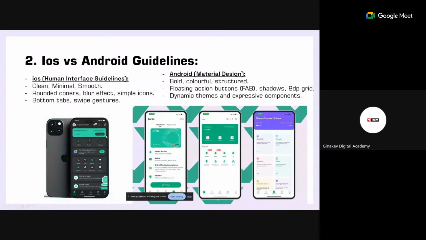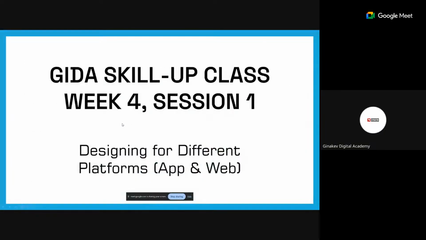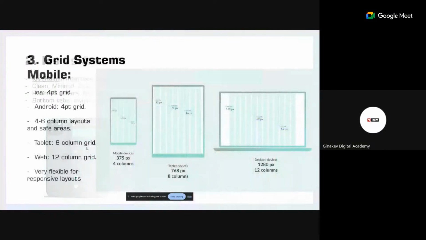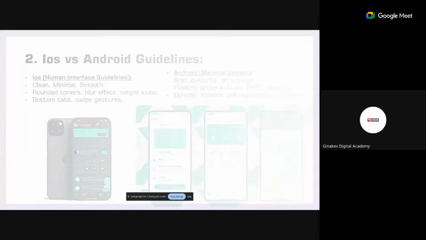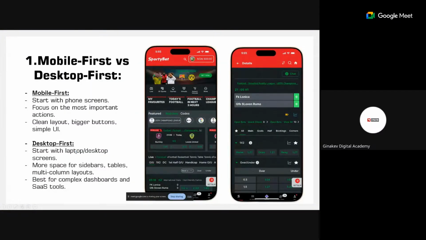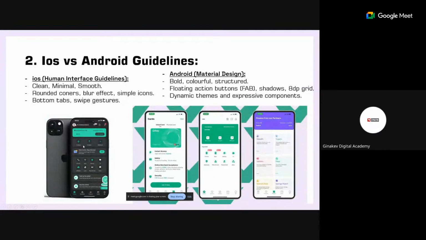So if you look at these two images, this first one is OP, designed for an iOS device, and you can see how it looks kind of different, although it's the same UI that we normally see in the Android.